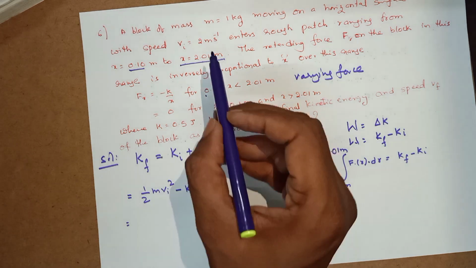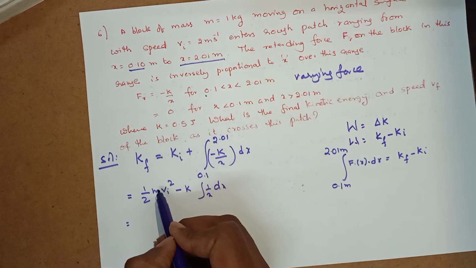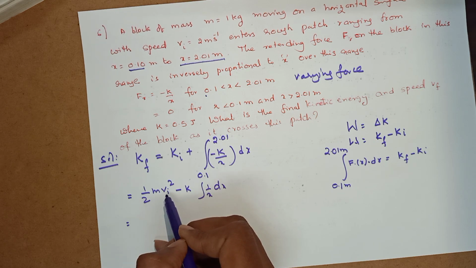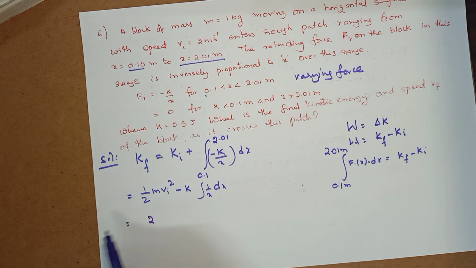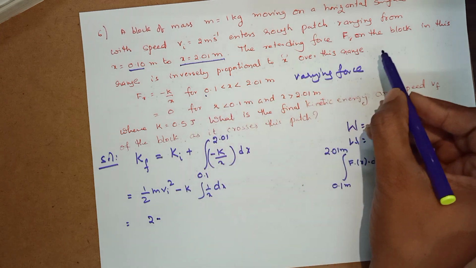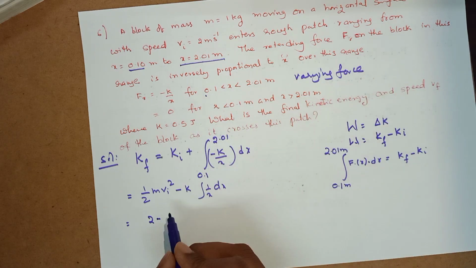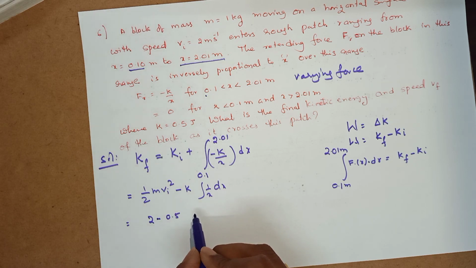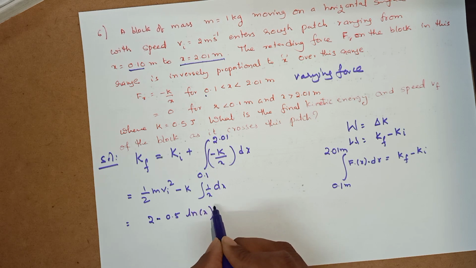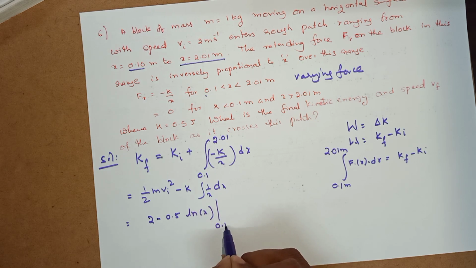Here m is 1 kg, so 1 by 2 into vi square, 2 square is 4 by 2, 2, minus what is the k value? K value is given as 0.5, integration of 1 by x dx, which is ln of x. The limits are 0.1 to 2.01.